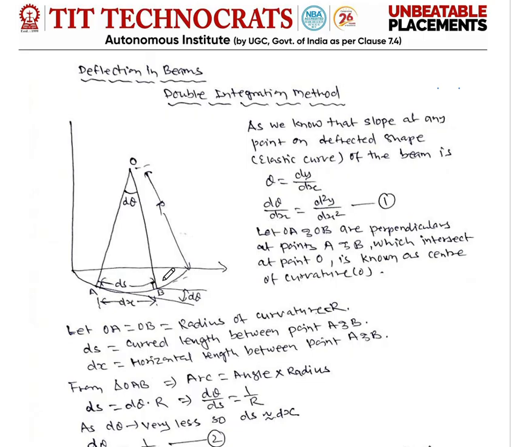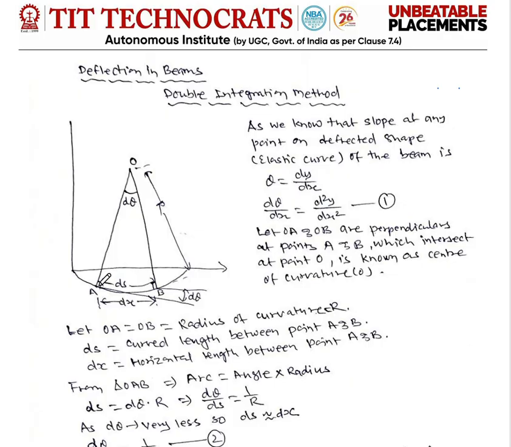These two perpendiculars intersect at point O, and this point O is known as the center of curvature. OA or OB are known as the radius of curvature. This angle AOB is represented by d theta.